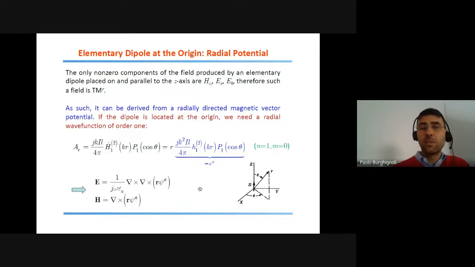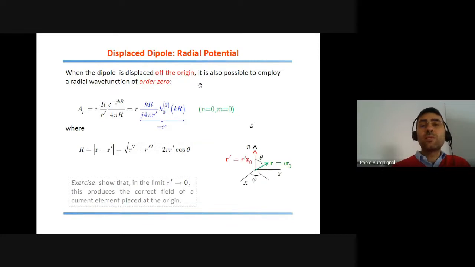If you displace the dipole off the origin, so you place it at some position r prime, at a distance r prime from the origin, it is also possible to employ a radial wave function. And this time, this would be the Debye potential.